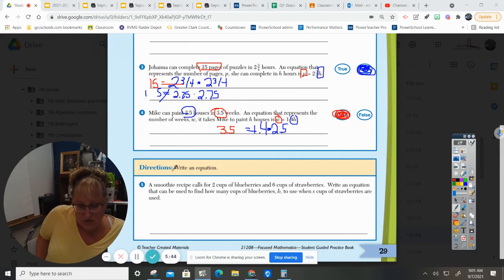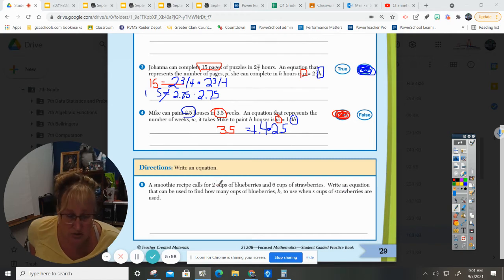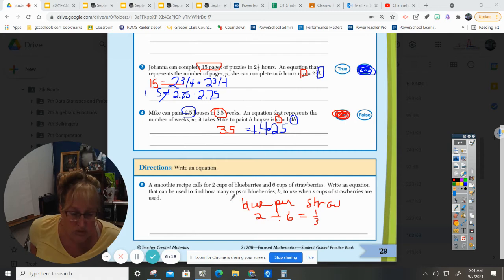A smoothie calls, so this one is wanting us to write an equation. It calls for 2 cups of blueberries and 6 cups of strawberries. So write an equation that can be used to find out how many cups of blueberries to use when X cups of strawberries are used. So that one says how many blueberries per strawberries. So I'm going to do 2 divided by 6, and I get 1/3, which makes sense because 2 is 1/3 of 6.